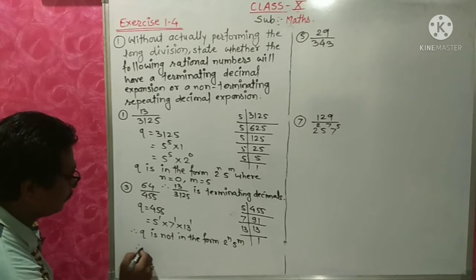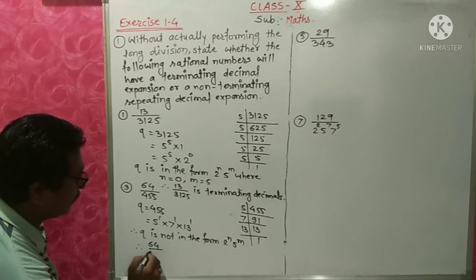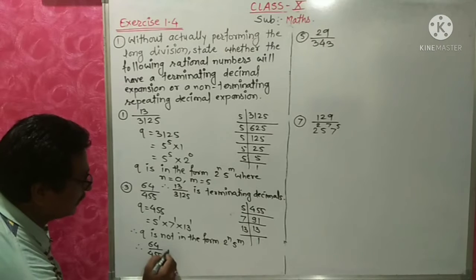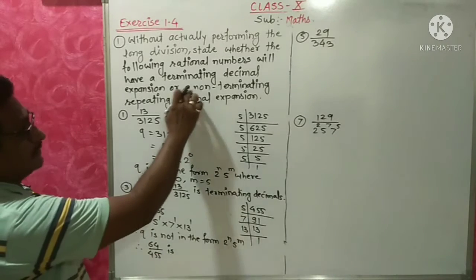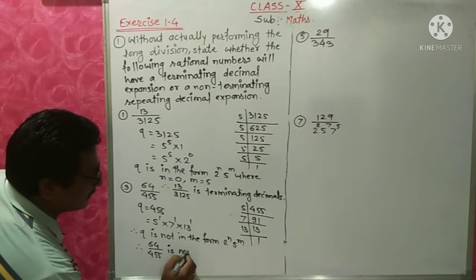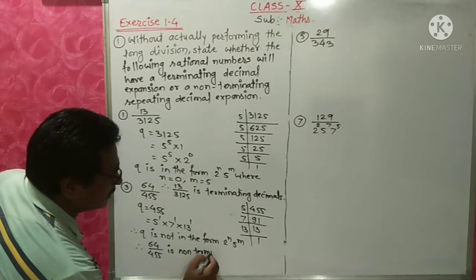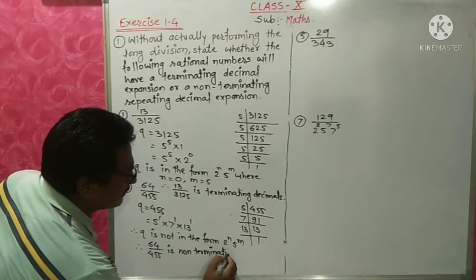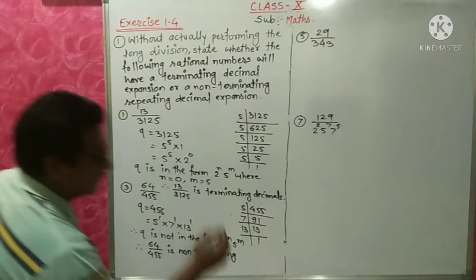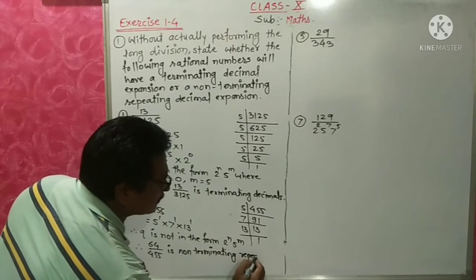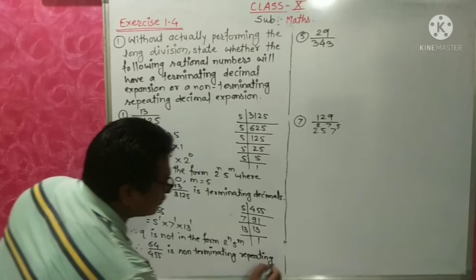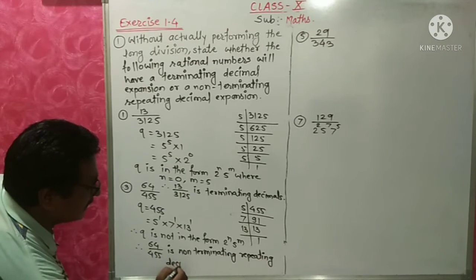Therefore 64 by 455 is non-terminating repeating decimal expansion.